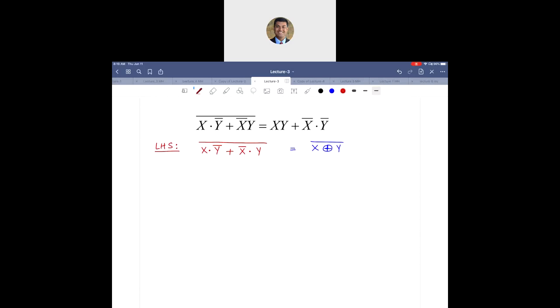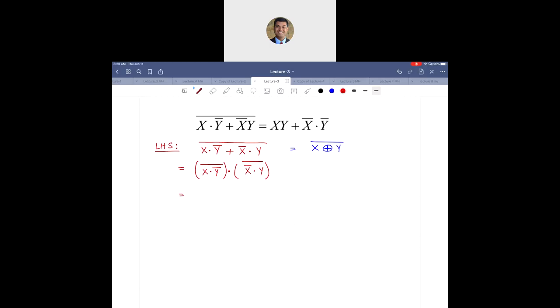Let's see. If I keep going, I use De Morgan's law first. I get the first term complemented. The OR sign becomes an AND. And I have the second term over here complemented as well. Next, I have another opportunity to use De Morgan's law for both these product terms.